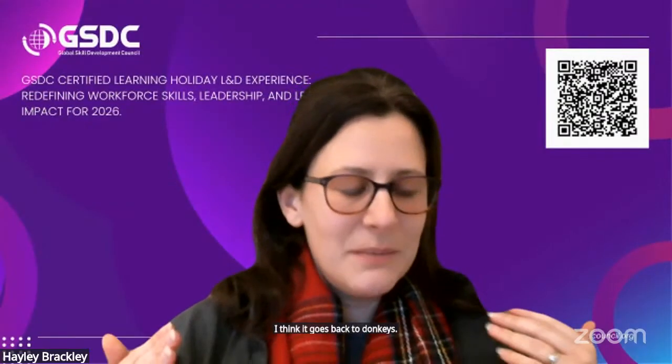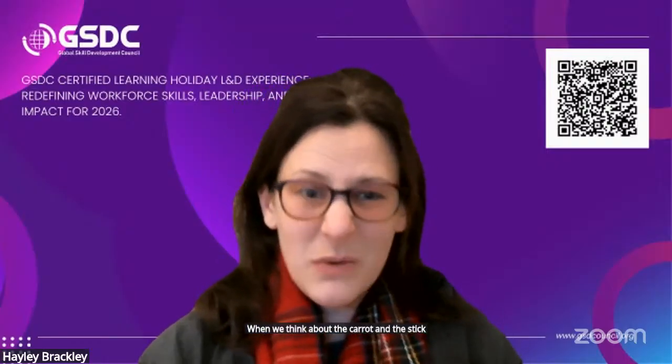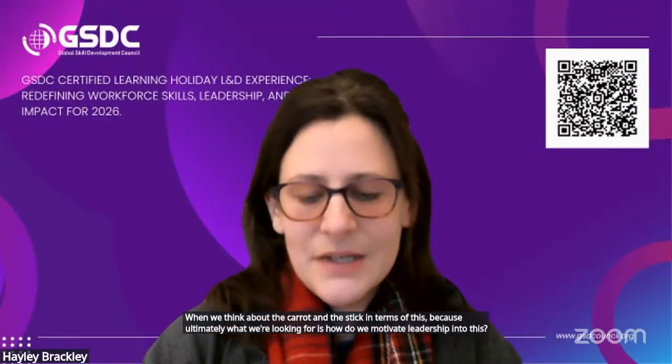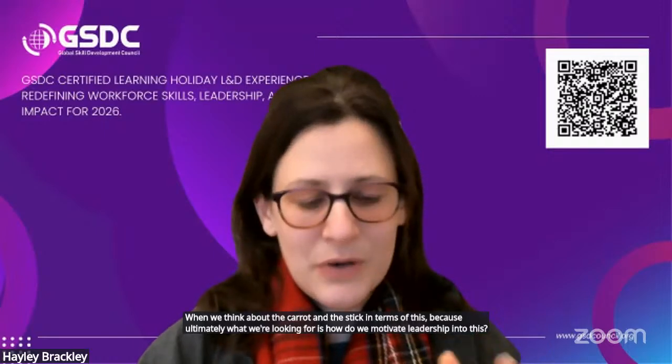I think it goes back to donkeys. Basically, we have some donkeys that are motivated by following a carrot. So you would hold the carrot in front of them. Some donkeys are motivated by a stick behind them. When we think about the carrot and the stick in terms of this, because ultimately what we're looking for is how do we motivate leadership into this? We want to look at both approaches.